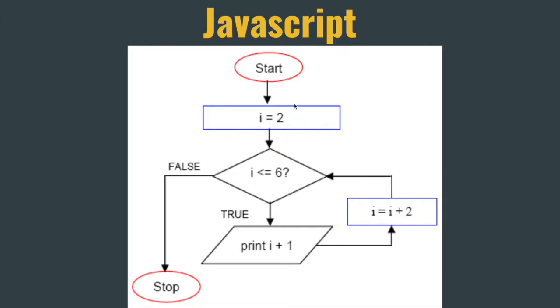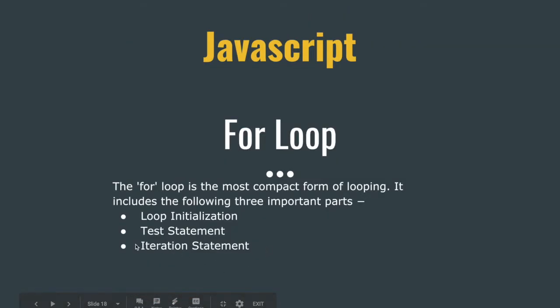The first one is the loop initialization, where we start the counter. Second is the test statement, where we test what we want: greater than, less than, equal to, true or false. The third one is the iteration statement, where we can increase or decrease the counter.